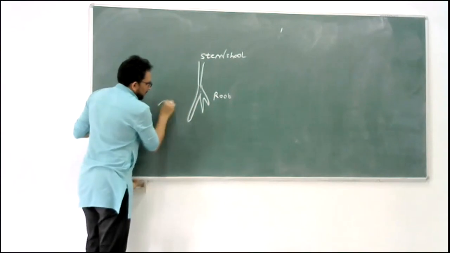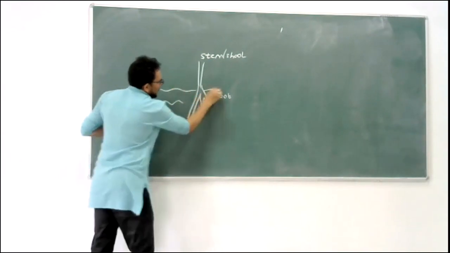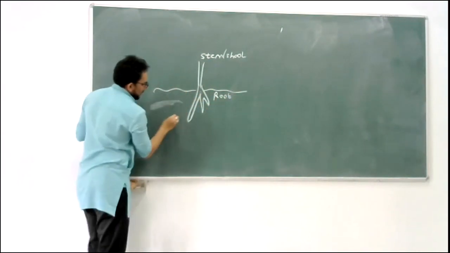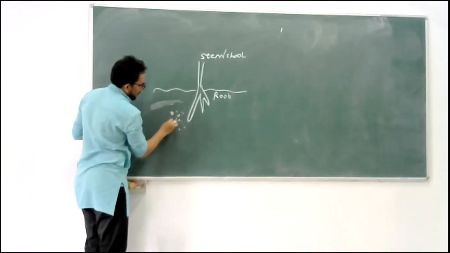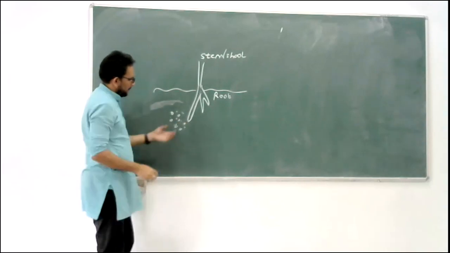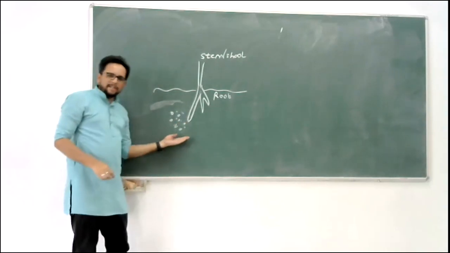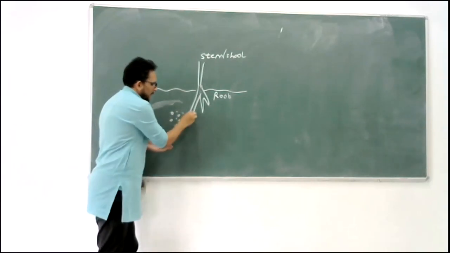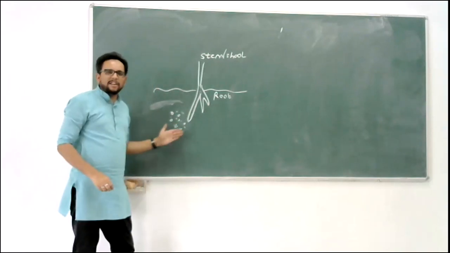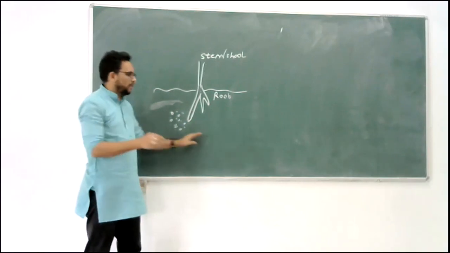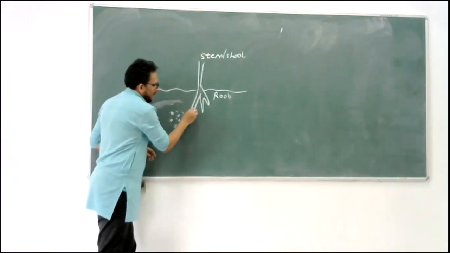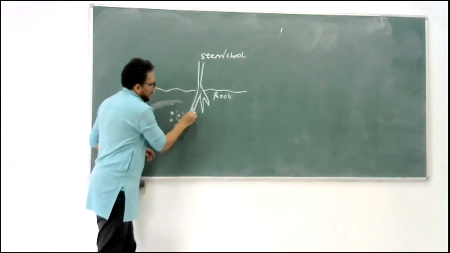Now, if this part is within the soil, there will be certain molecules of minerals. When these are present outside and inside, if they are less, it can simply be a diffusion process. But what we are talking about is active transport. That means inside the root hair, there are already quite a few mineral molecules.